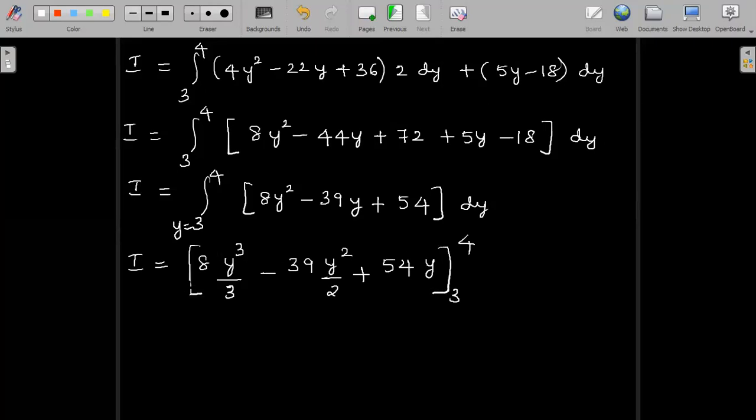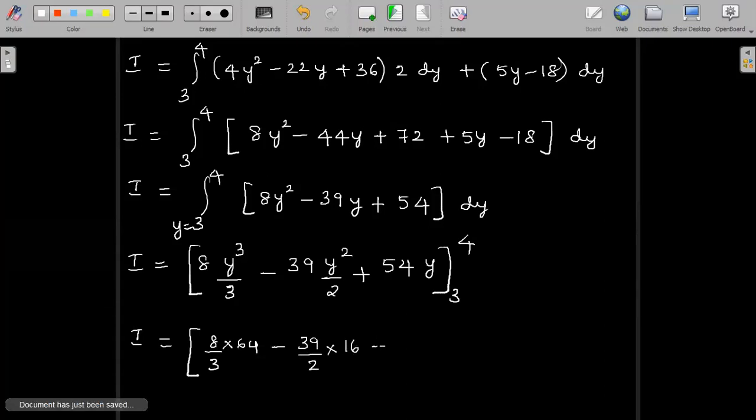Upper limit minus lower limit, both have to be applied here. None of them are going to 0. So I have 8 by 3 into the upper limit, throughout I will apply 4 cube, so this gives us 64, minus 39 by 2 as it is, 4 square is 16, plus 54 into 4.